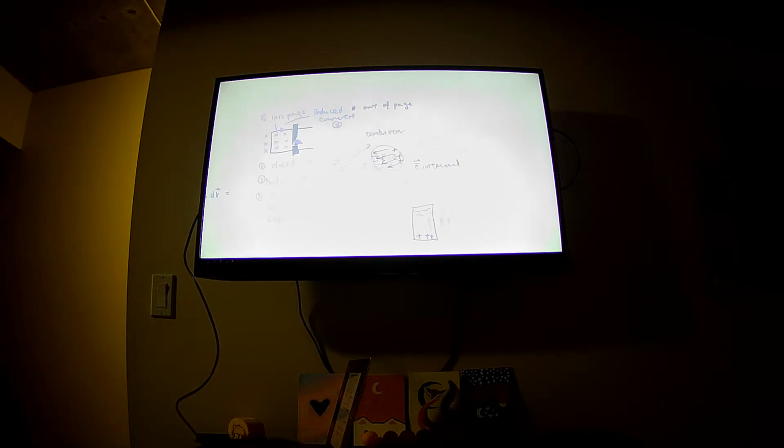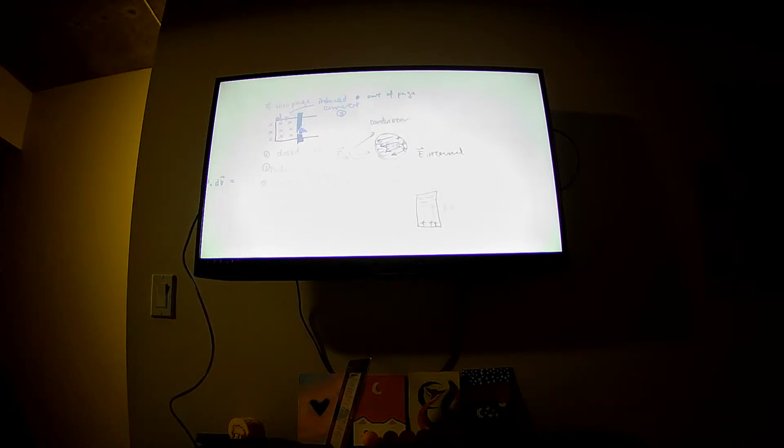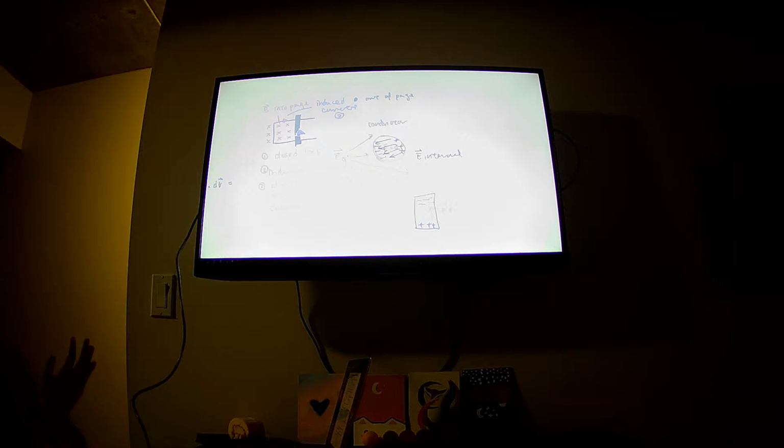X is going into the page, which induces a current to flow in the circuit. But because there's a metal bar, which is a big reservoir of electrons, that big reservoir of electrons can oppose any sort of flow and give you relative stability. So they separate onto sides of the bar to oppose the external field. Now, if you have your current going clockwise, okay.